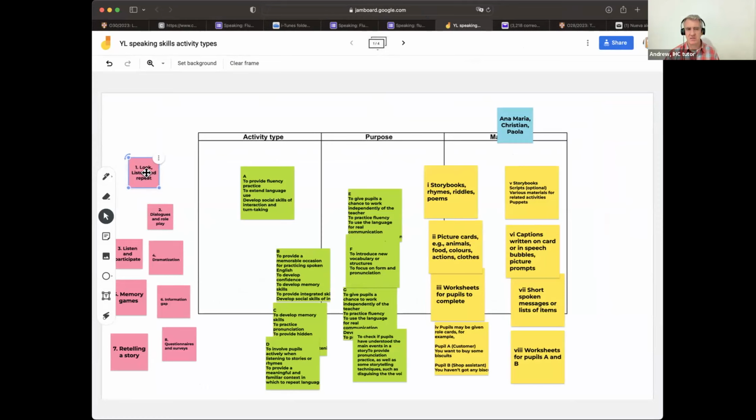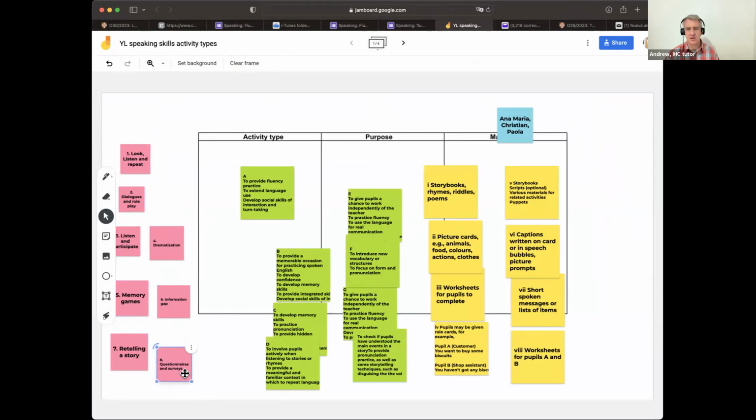So it's the same activity types: look, listen and repeat, dialogues and role play, listen and participate, the dramatization, memory games, information gap, retelling a story, and questionnaires and surveys. So I'd like you and Anna Maria to work together, and you've got to match the stickies to make a set.